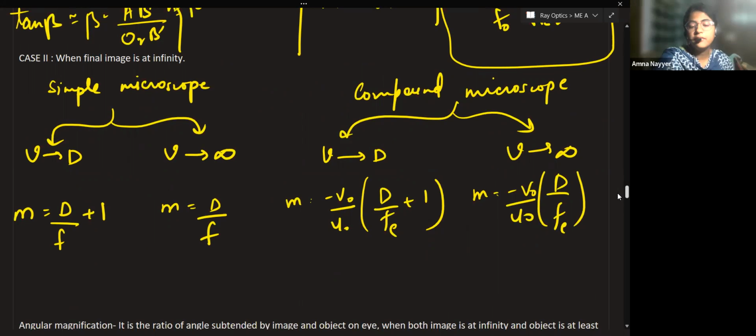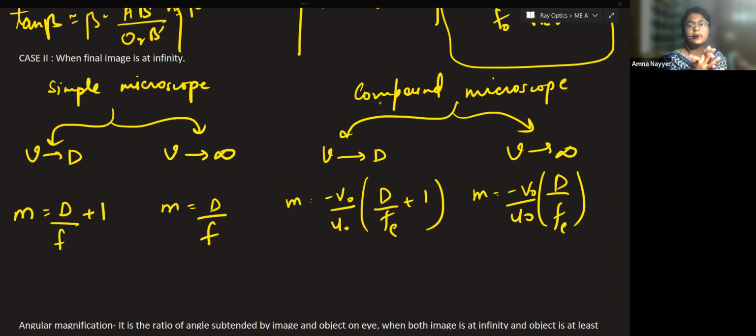Now see, we have just a quick summary of what we did. Two things are included. Simple microscope and compound microscope are there. Simple microscope has two cases. Compound microscope has two cases. First is the case when your final image is formed at least distance of distinct vision.